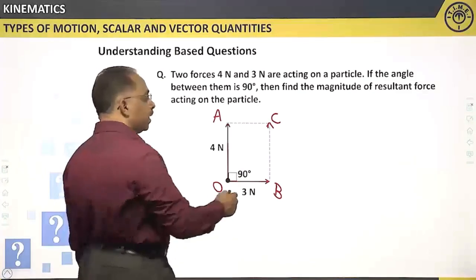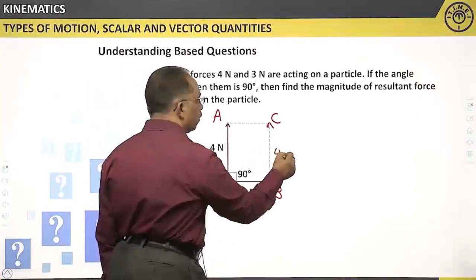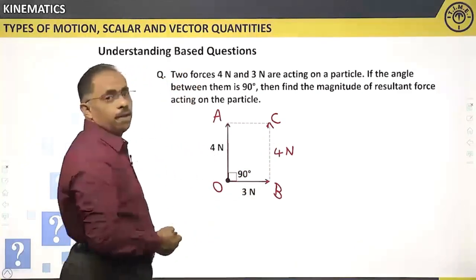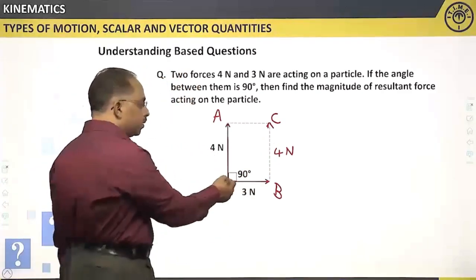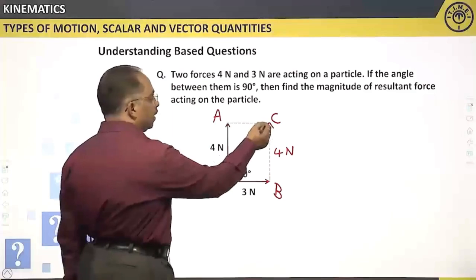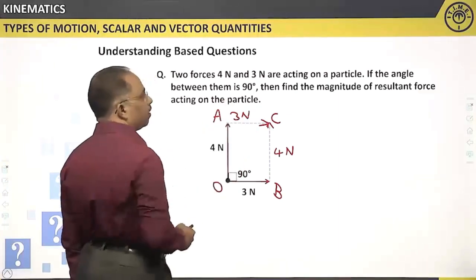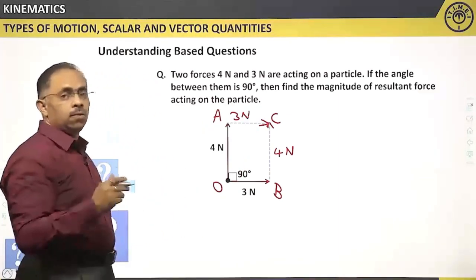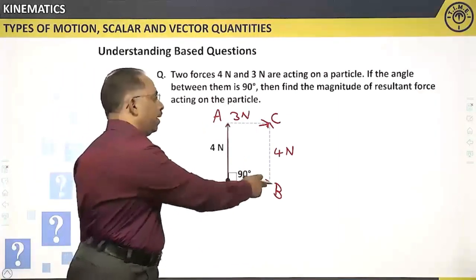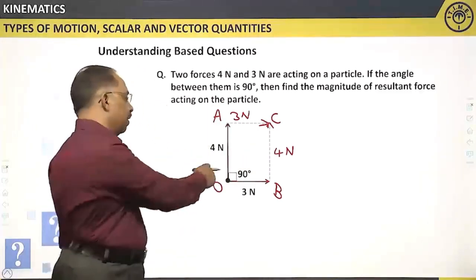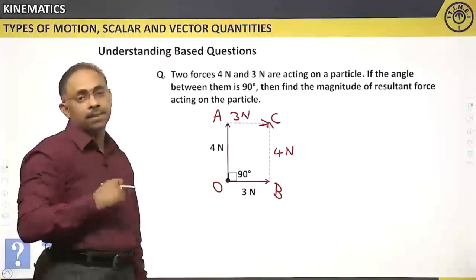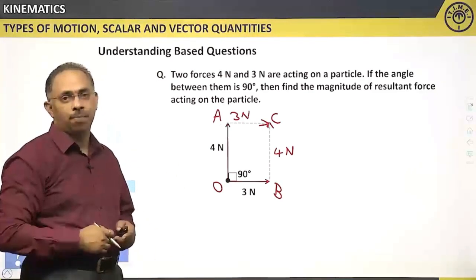So, I can very well say that these two are equal. That means this is also equal to 4 Newton. Or else, because OB is 3 Newton, AC is also equal to 3 Newton. Now, either the triangle OBC or the triangle OAC can be considered to find the resultant.